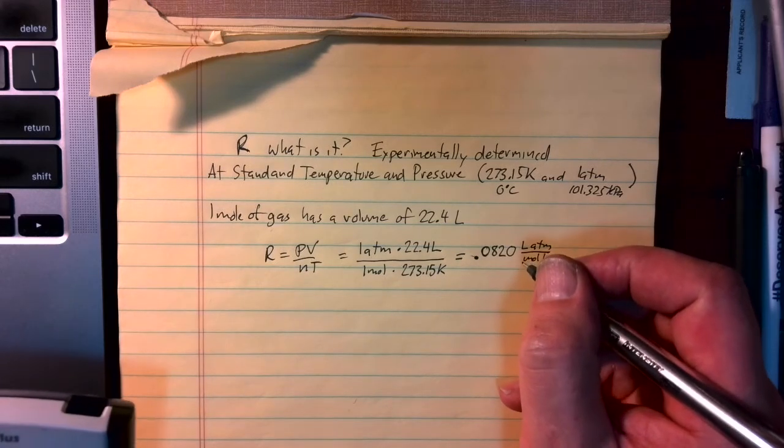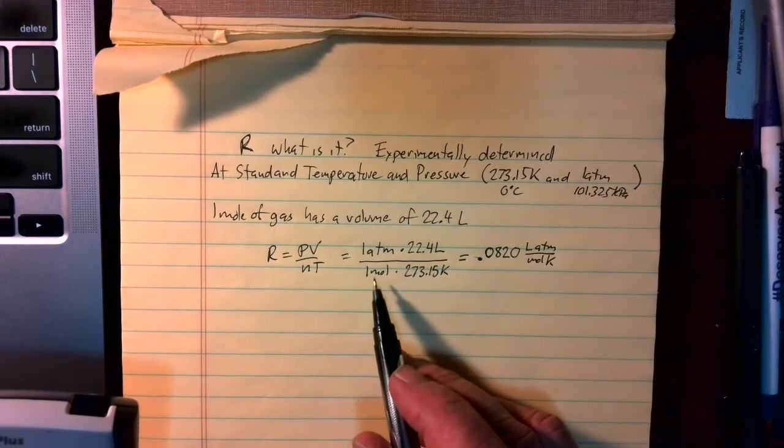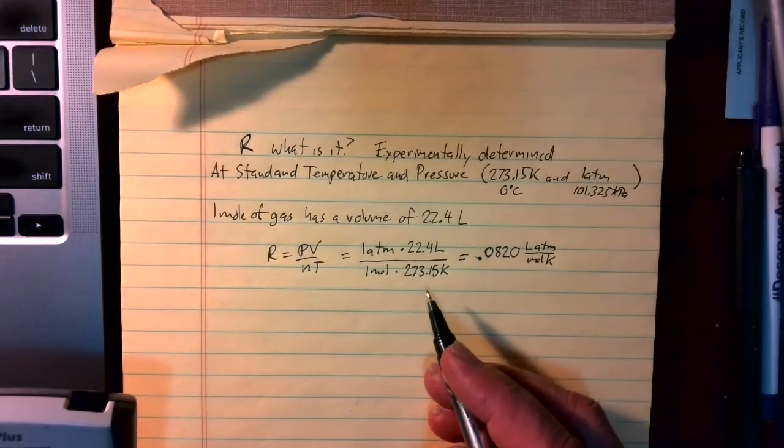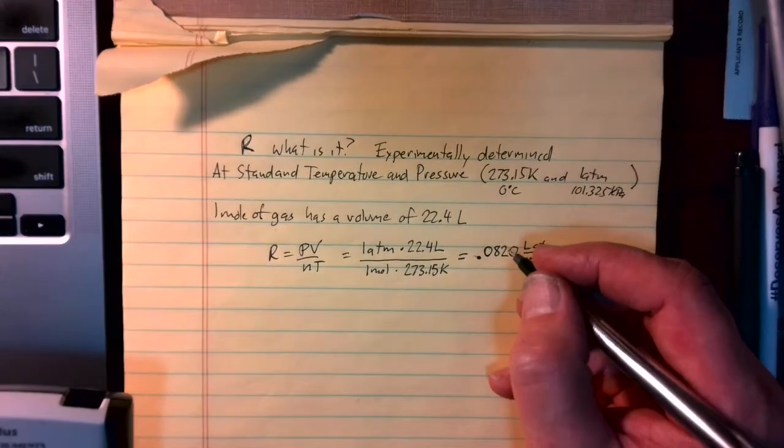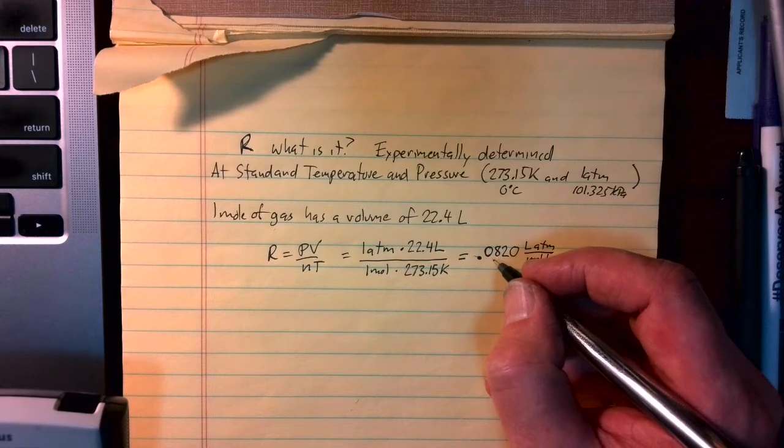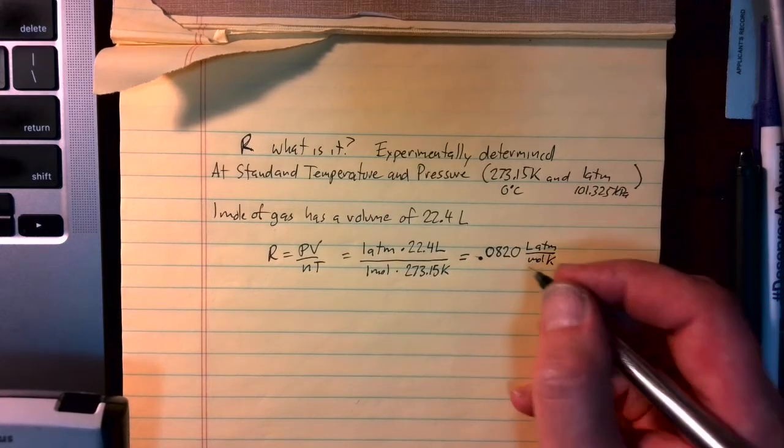Now, if we actually keep our volume and moles to higher significant digits, we find that it more traditionally rounds to 0.0821, but let's not dwell.